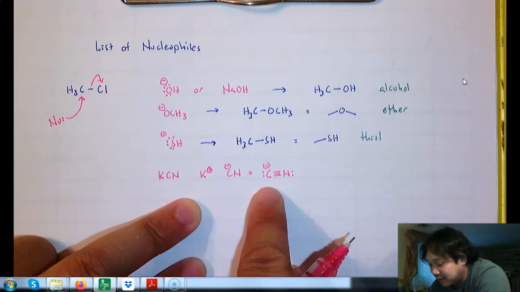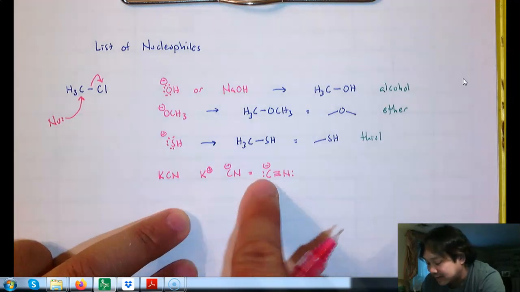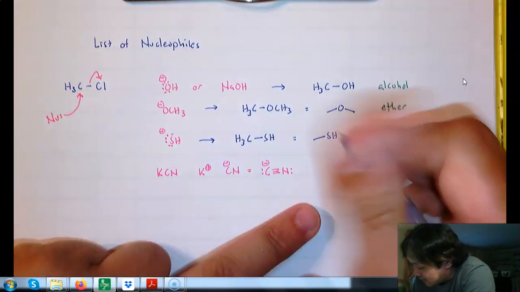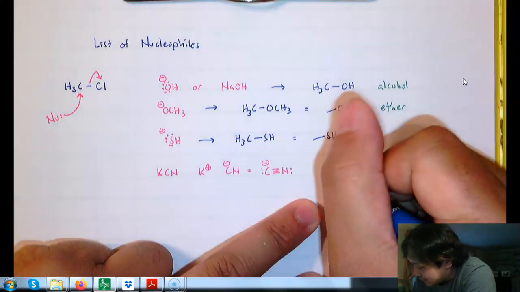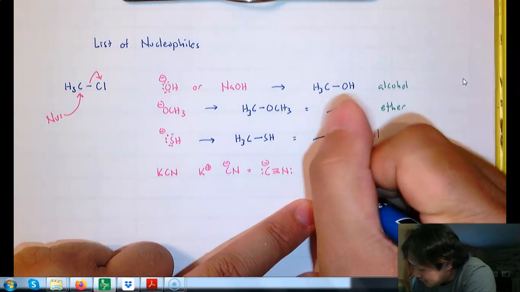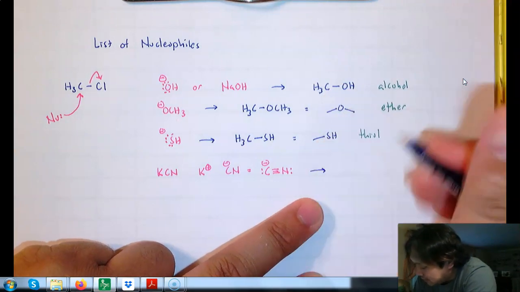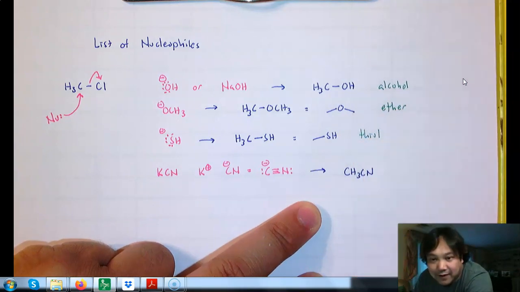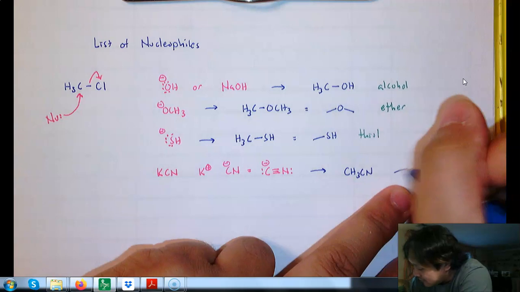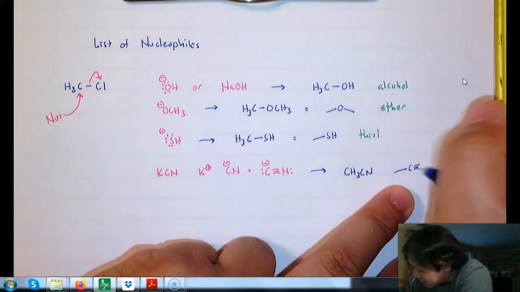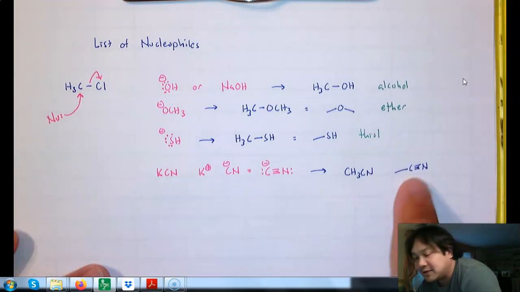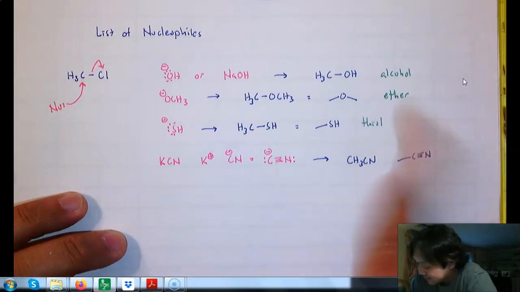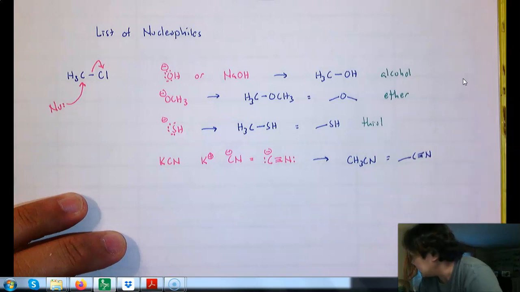That's your nucleophile. So envision this molecule attacking the carbon and kicking out chlorine. And if that's the case, what do we get? You could draw it like this. That's perfectly fine. Or you could draw it like this, which is less common to draw out. It's the same thing. This is called a nitrile.